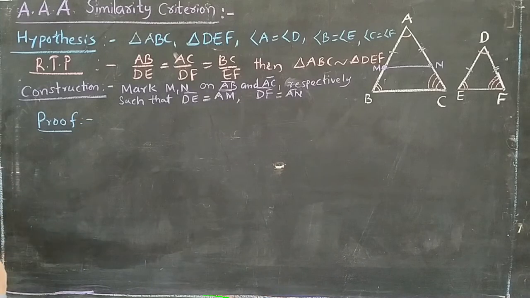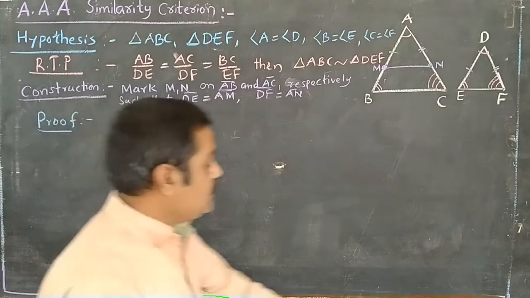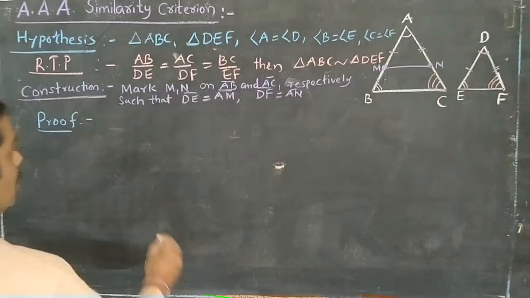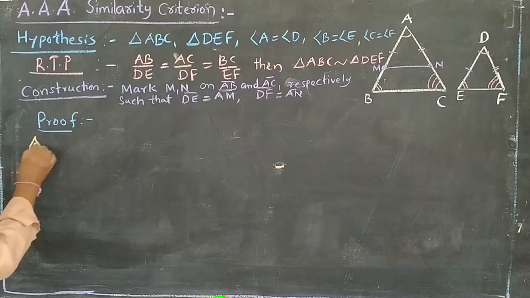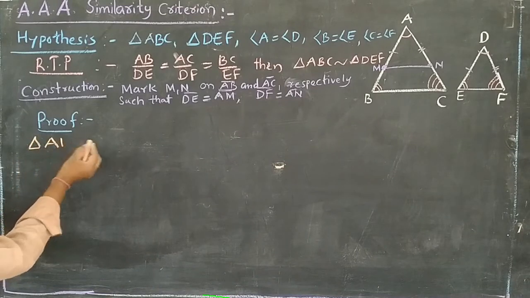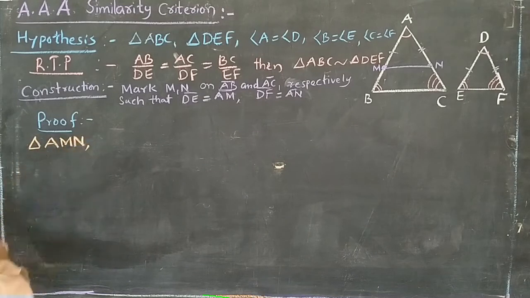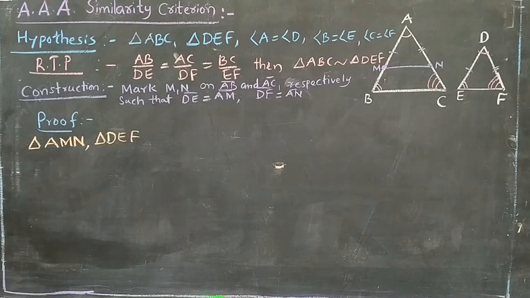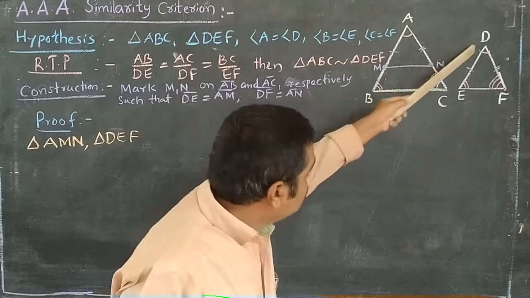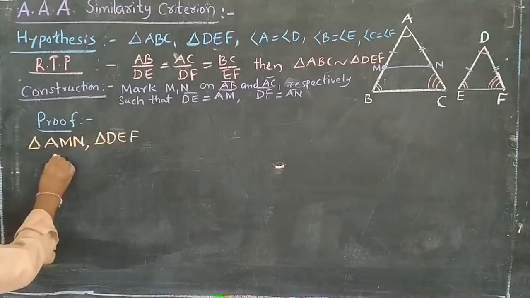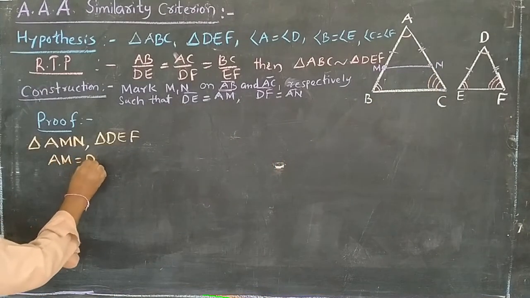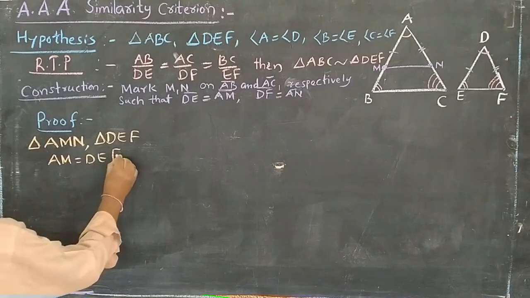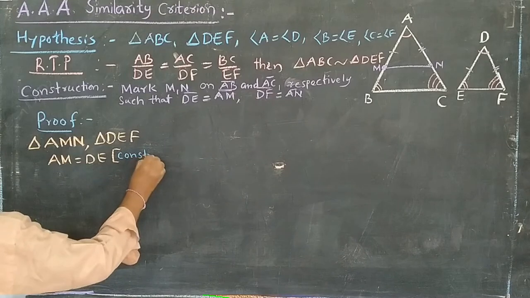See the proof. In the proof, first of all, I am going to compare two triangles: triangle AMN and triangle DEF. In these two triangles, AM length is equal to DE. How do you know this? Because of the construction.